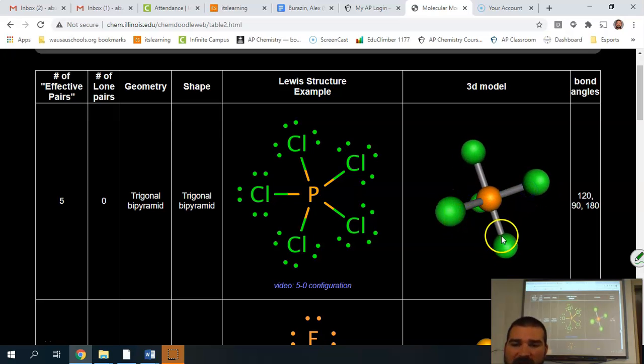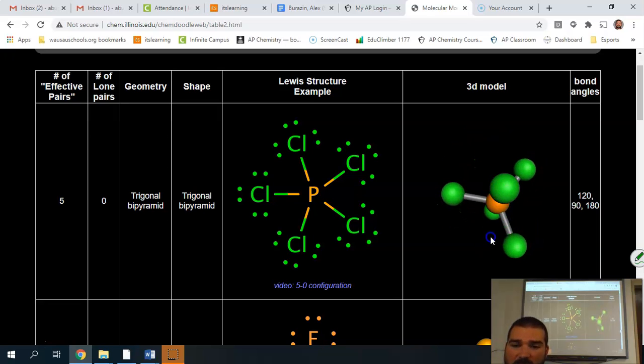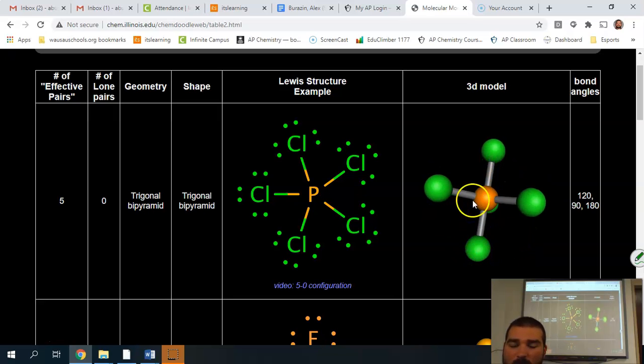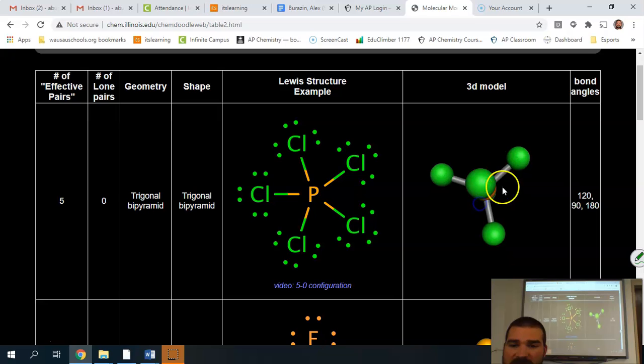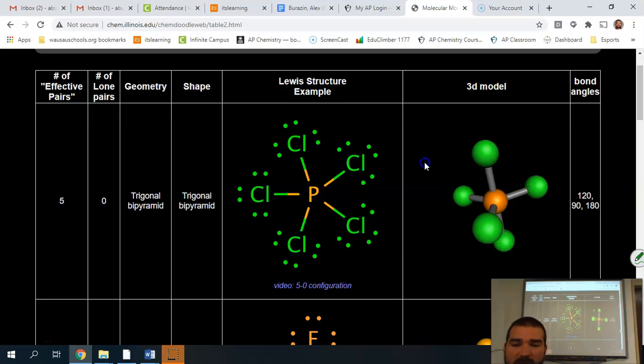And if I look at the bottom, I can do the same thing, right? So there's a pyramid up top with a triangle from the center 3 atoms, and there's a pyramid on the bottom with the triangle from the center 3 atoms, hence bipyramid. So trigonal for the 3 atoms in the middle or on the equator of this shape, and bipyramid for a pyramid above and a pyramid below.